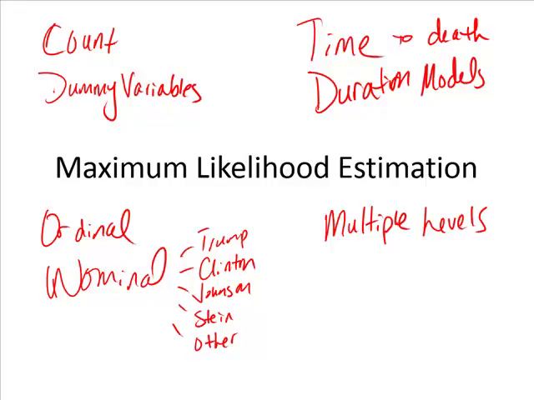You could also have dependent variables that are responding to multi-levels. So let's think about your success in this class. We would have class level variables. What would be some class level variables?